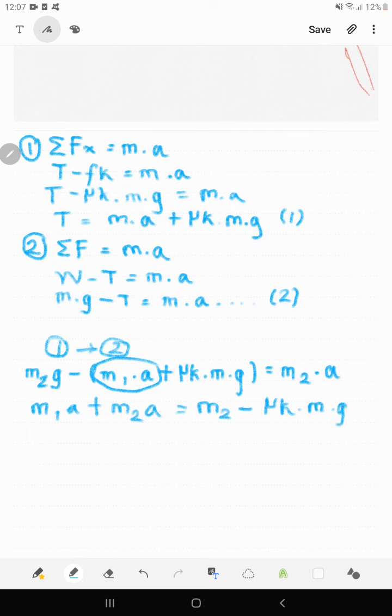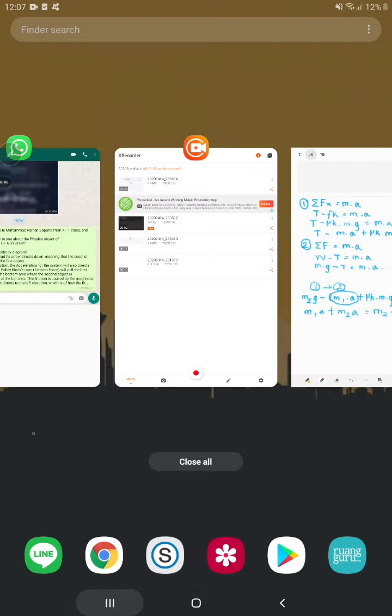We will use parentheses for m of first object plus m of second object, and m of second object minus mu k times m of first object.